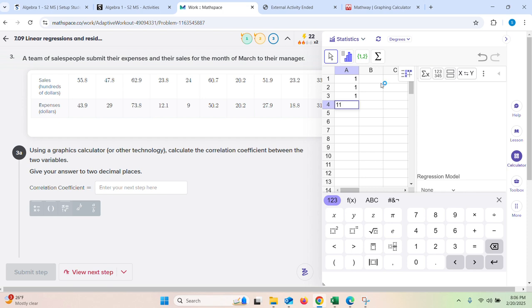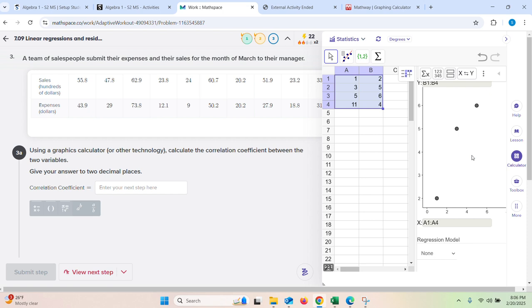I'm just going to throw in numbers. Highlight the numbers first. My bad, sorry. Click the chart. Click here. Make sure that you click linear.